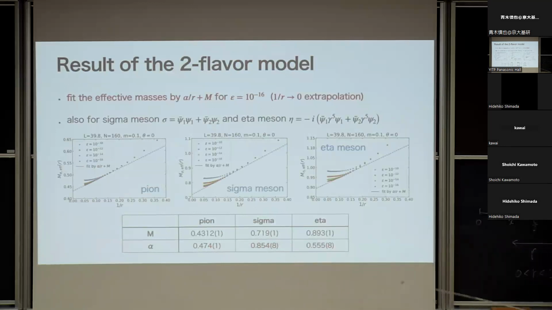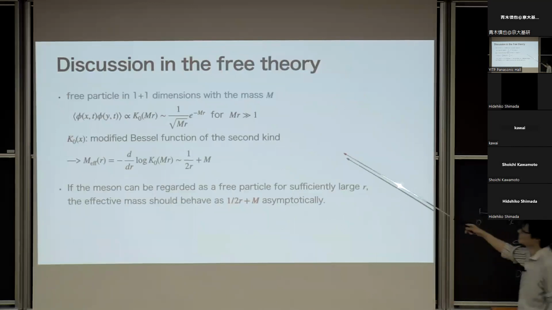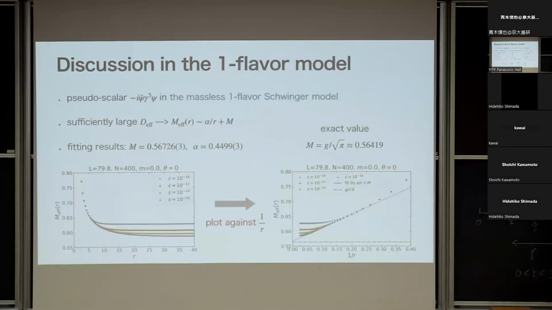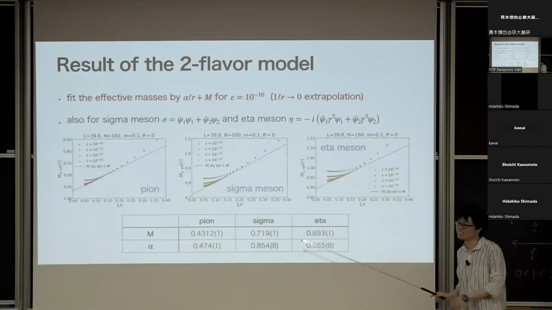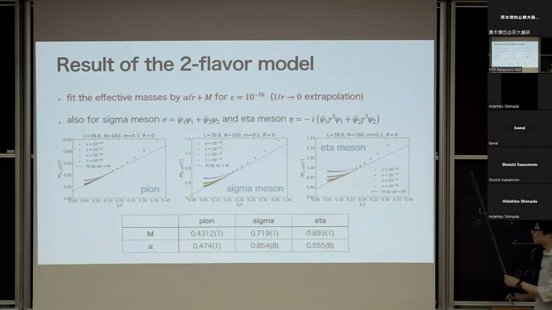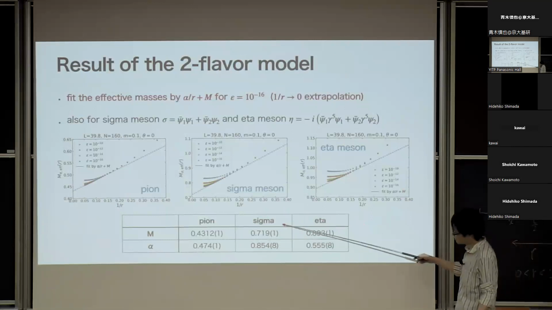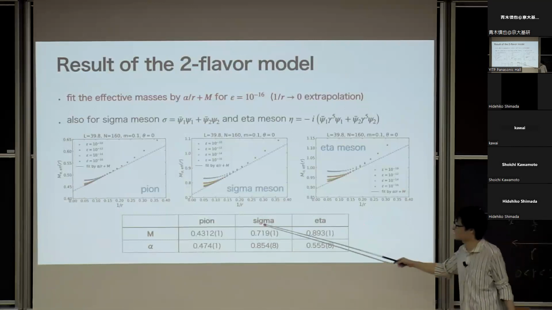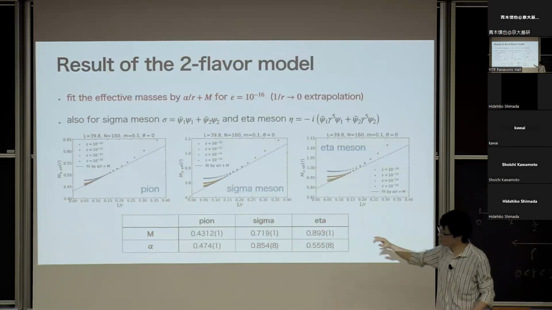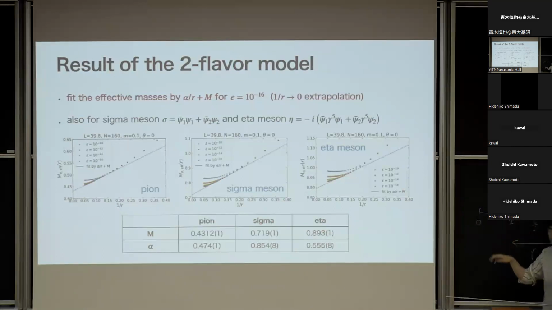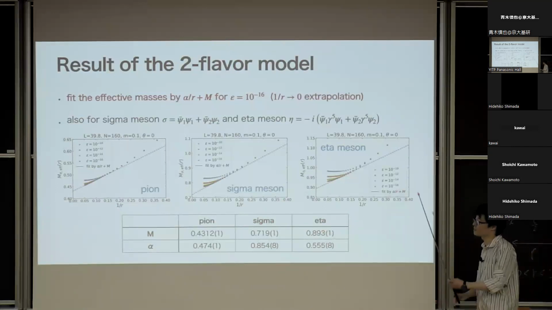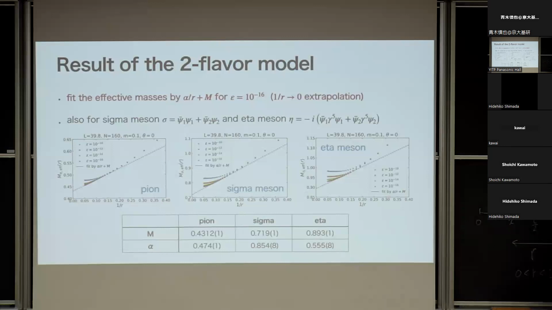The previous analysis assumed a free theory, so this result suggests that the sigma is not just regarded as a free part. Maybe it's due to interaction, so it's not just the propagation of one particle, but a mixture of two particles, or many-particle states can mix. But so far we don't know the explicit answer.